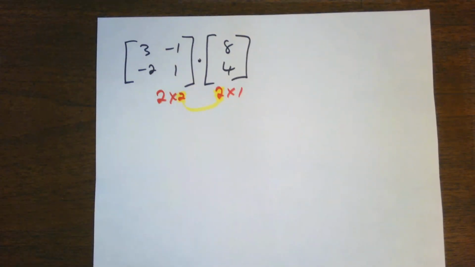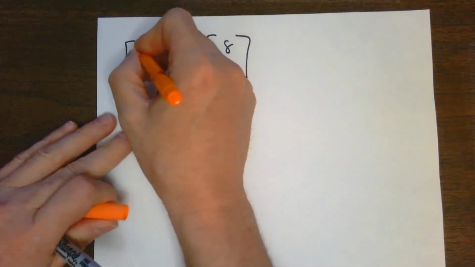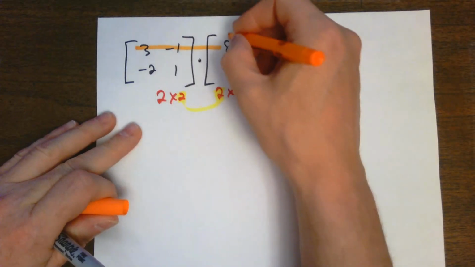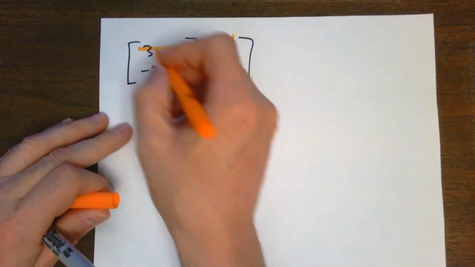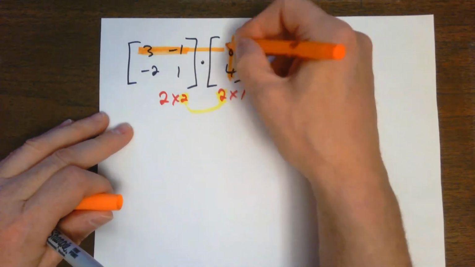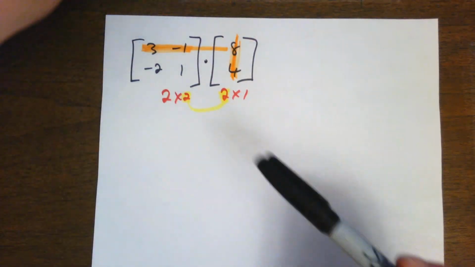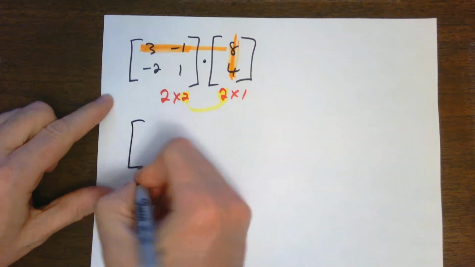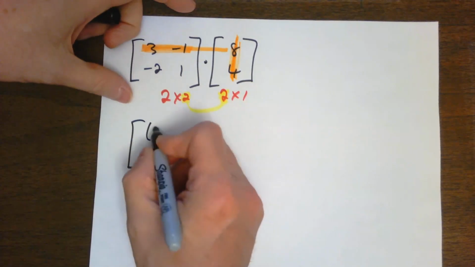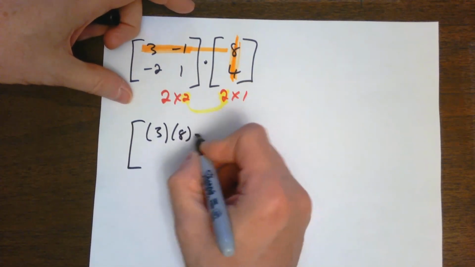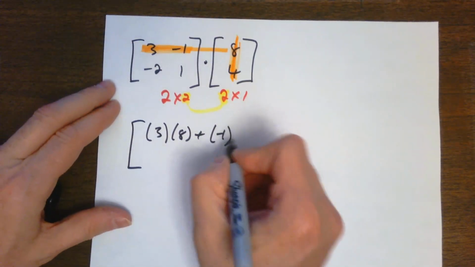All right, so here we go. We're going to multiply them together. Again, think row times column. First row times first column gives me first row, first column entry. 3 times 8 plus negative 1 times 4.